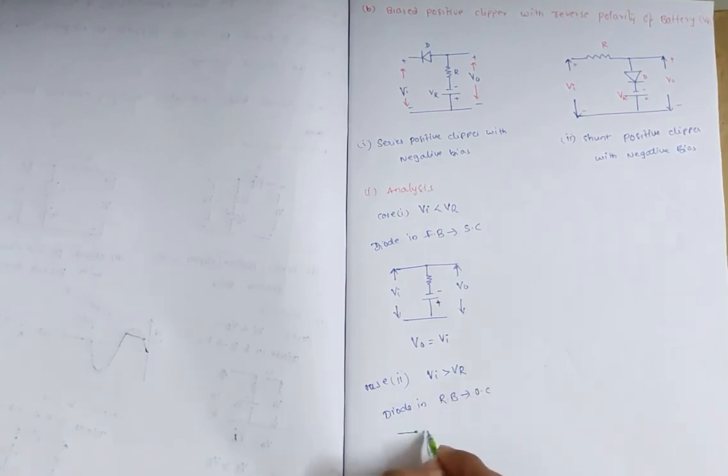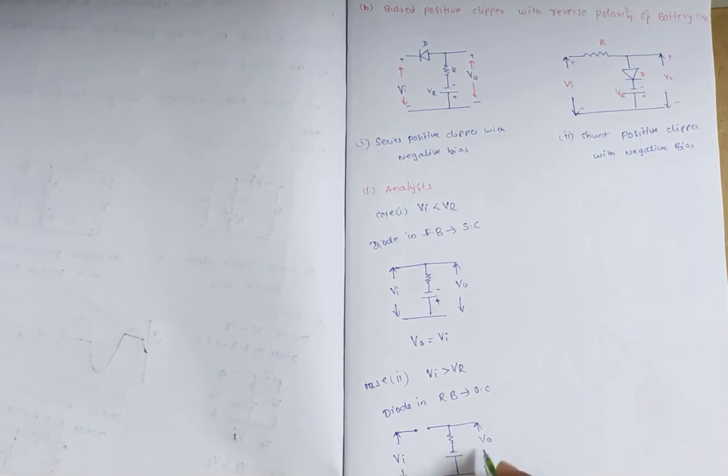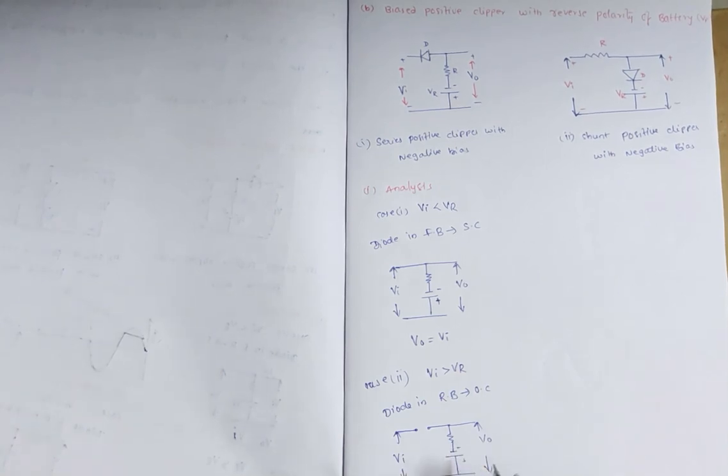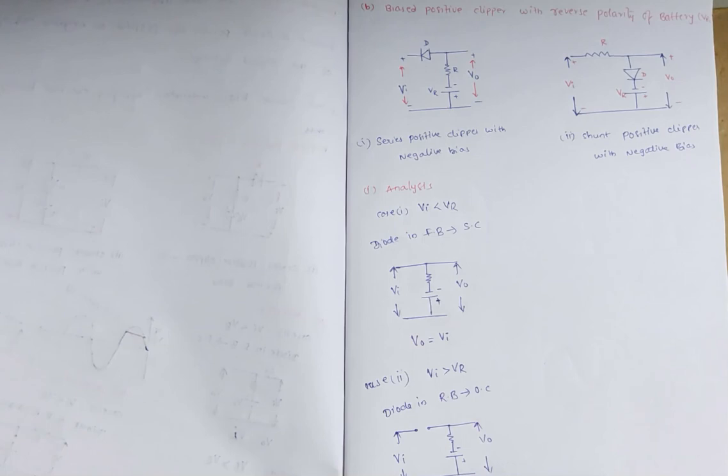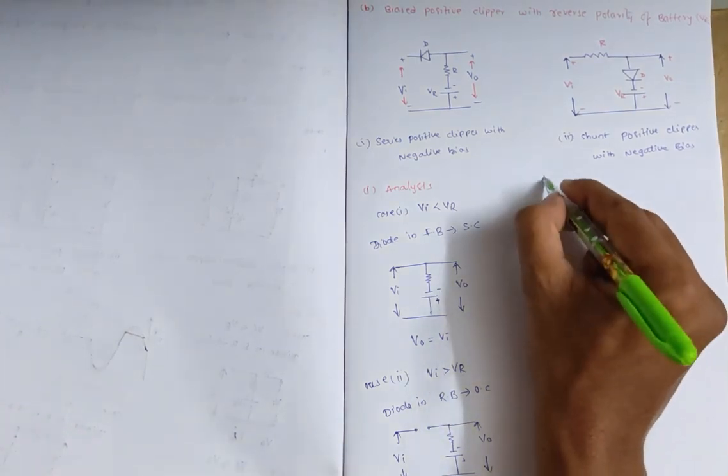Then we can write the equivalent circuit like this. Here no current is flowing in the circuit, so no current flows in the resistor, and whatever reference voltage we applied here is the output voltage. So V naught equals minus Vr value only.